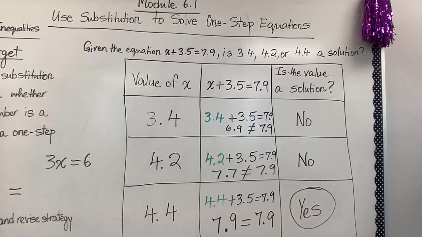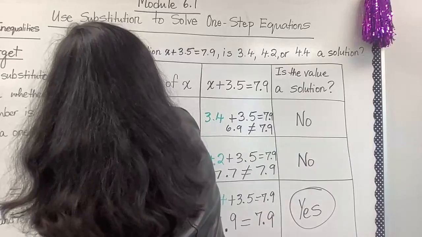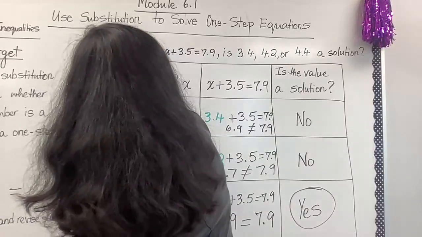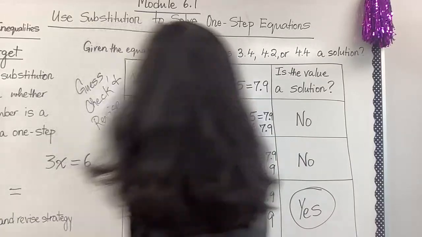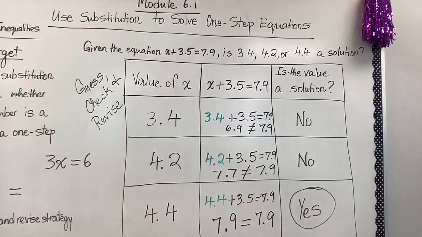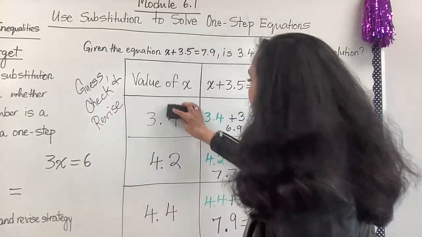All right. So let's do the next one, which is the guess, check, and revise strategy. All right. So I'm just going to use the same board, but I'm just going to remove this.